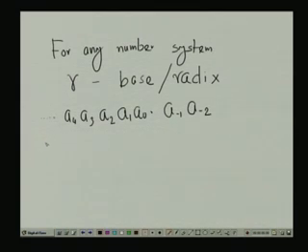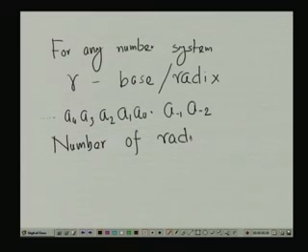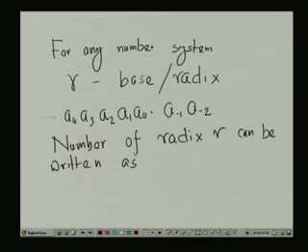Then the number of radix R can be written as, say I am representing this by N R, and if we start from A4, that means the position here is 0, it is 1 already, 2, 3, 4.